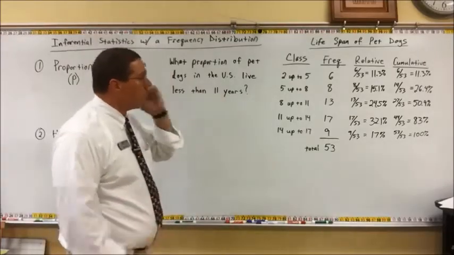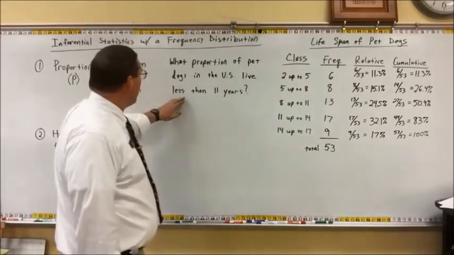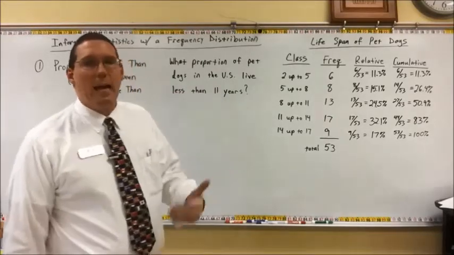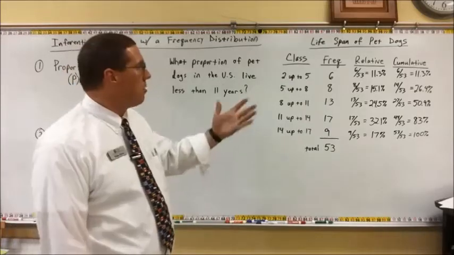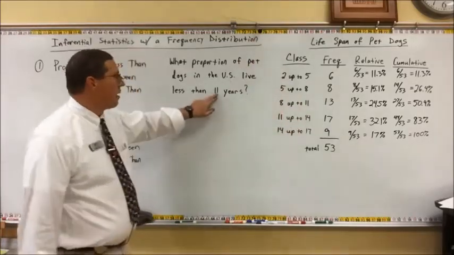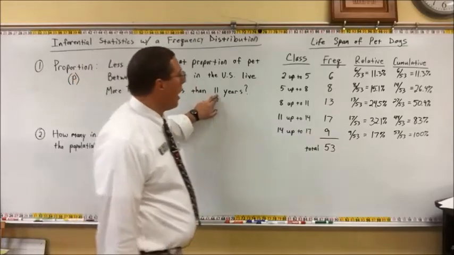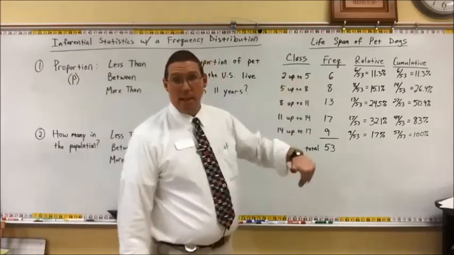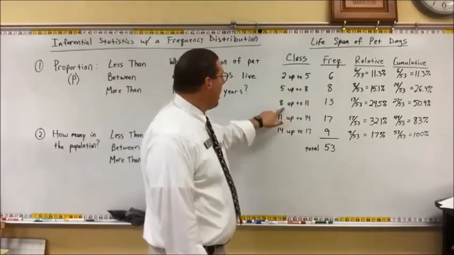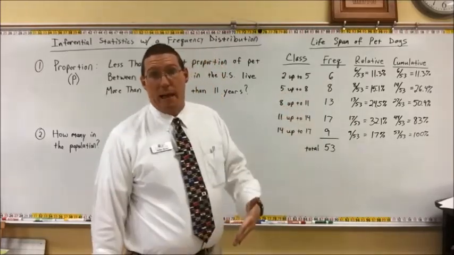So using a frequency distribution, if we're looking for less than 11 years, what we want to do is simply add up all of the frequencies or the relative frequencies of all the classes that are less than 11 years. And here's what we have. 2 up to 5 is less than, 5 up to 8 is less than, and 8 up to 11 is less than.